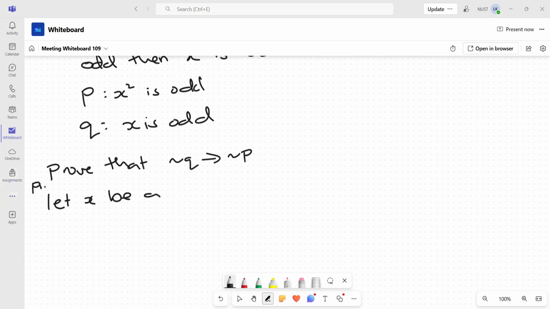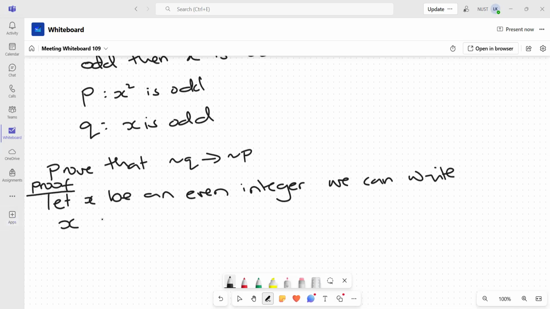So this is the proof. Let x be an even integer. Okay, so remember, we want to show that x is not odd. That means it is even. So if it is even, it means that we can write x equals 2 times n, where n is an integer.